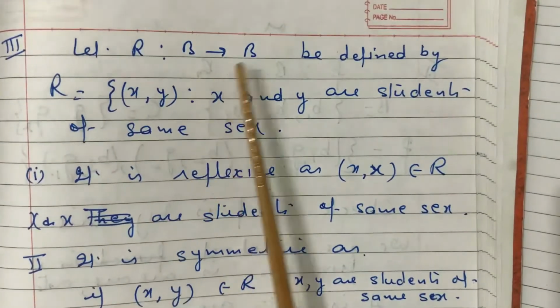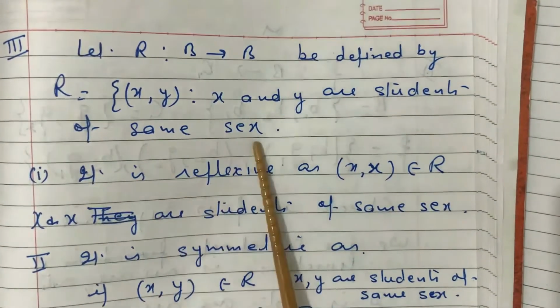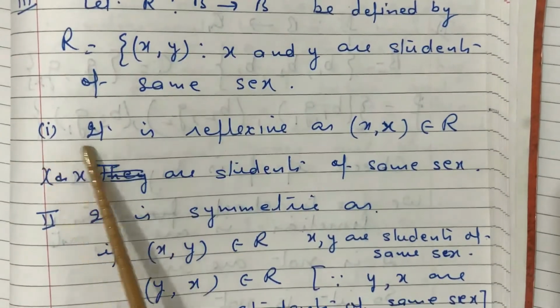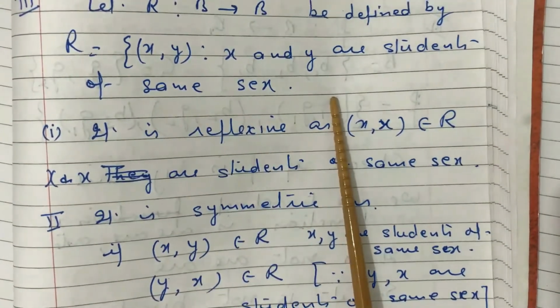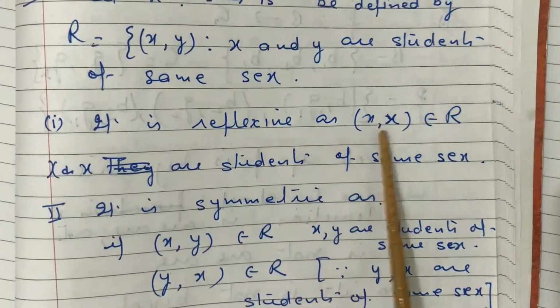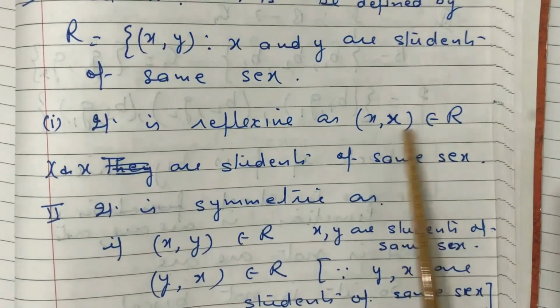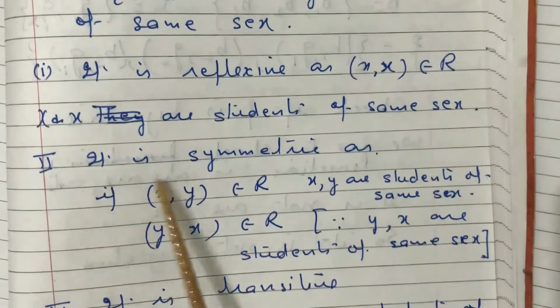Let R from B to B be defined by R = {(x, y): x and y are students of the same sex}. Now we have to explain that it is an equivalence relation. First, it is reflexive, as (x, x) belongs to R. x and x are students of the same sex, so (x, x) belongs to R. Second, it is symmetric.